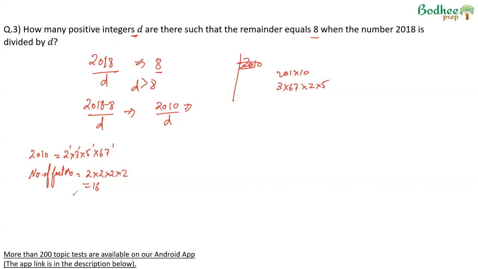If you look at the factors 1, 2, 3, 5, 6.